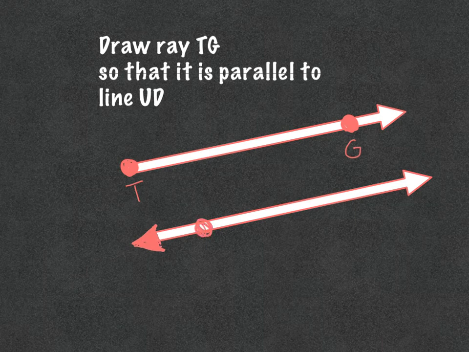And then I need my 2 points. So here's a point and there's a point. Now it's line UD. I could also do line DU. Either way, that's the same. So these 2 items are parallel, and I have a ray on the top and a line on the bottom.